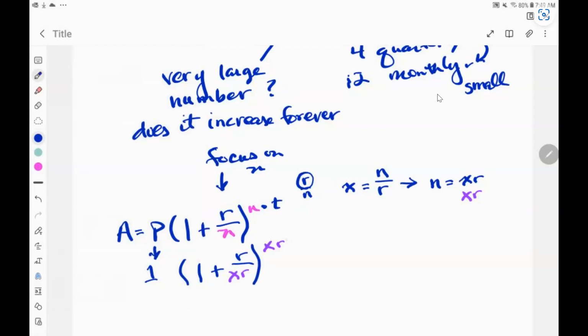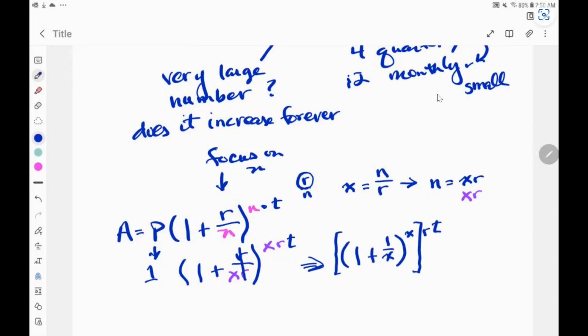And so that's a t. Now notice that these two now cancel out. And so I can rewrite this as 1 plus 1 over x, to the x, and then put this rt on the outside.